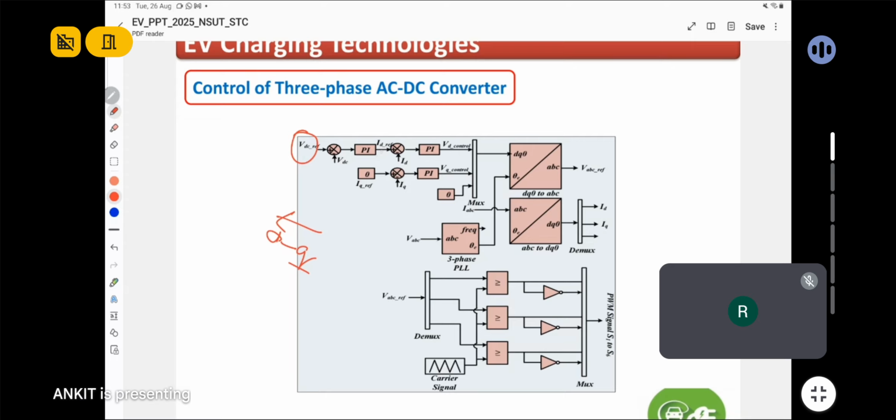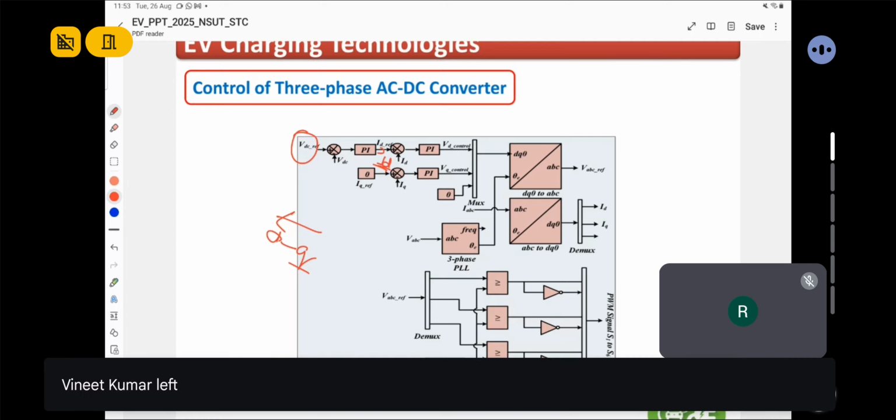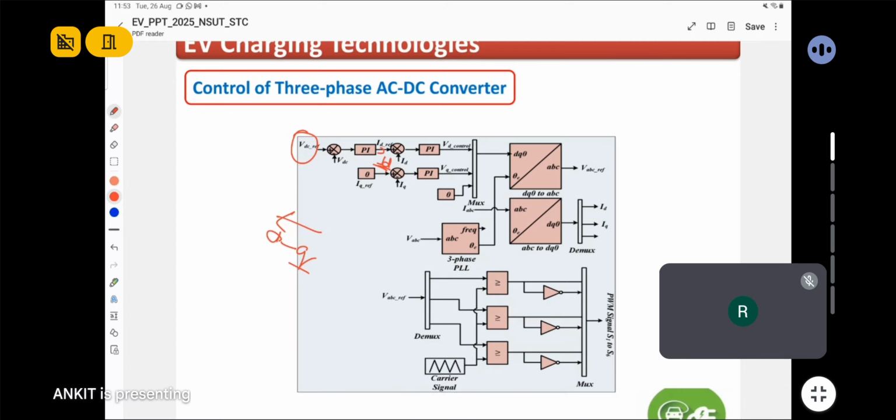The DC link voltage generates a direct axis reference current, and the quadrature axis current is kept zero so that the grid does not absorb reactive power.